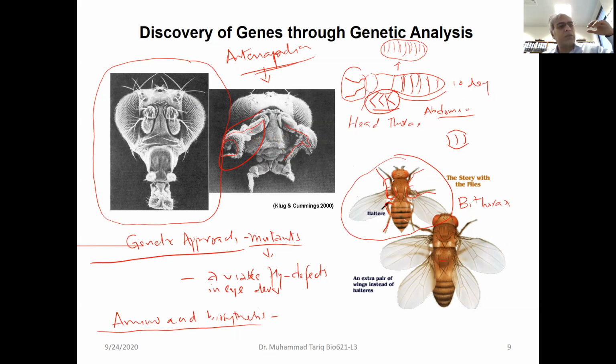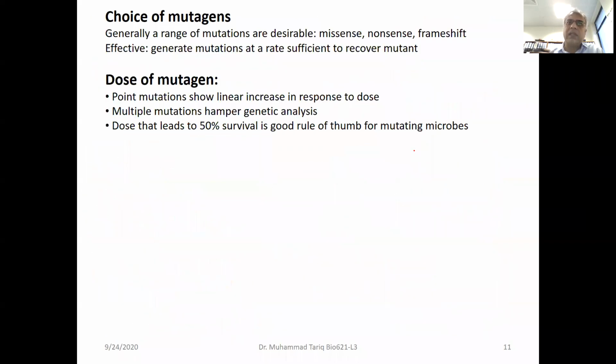Is it on chromosome 2, chromosome 3, on chromosome X of the fly? Once you map the chromosome, then you map the gene on chromosome, and finally clone the gene and characterize why I have legs on the head region, why normally legs are not present on the head. So it's a beautiful system.